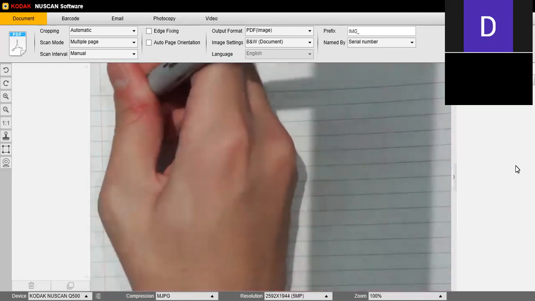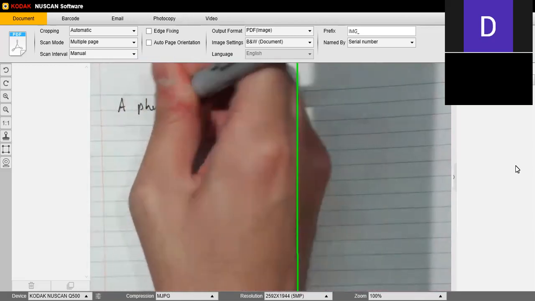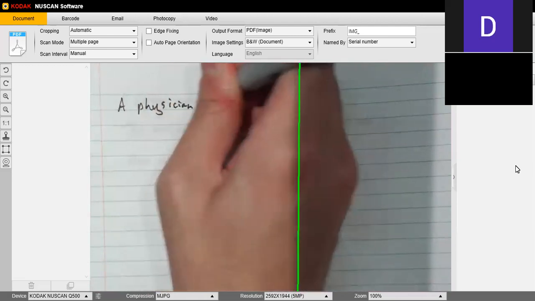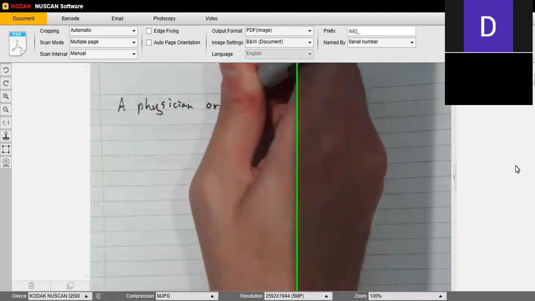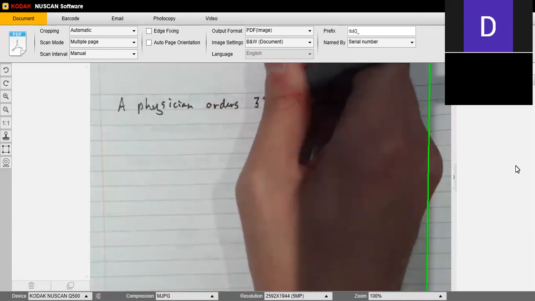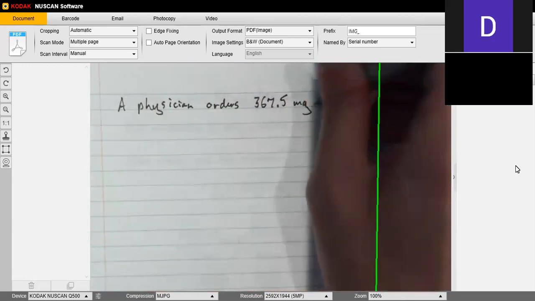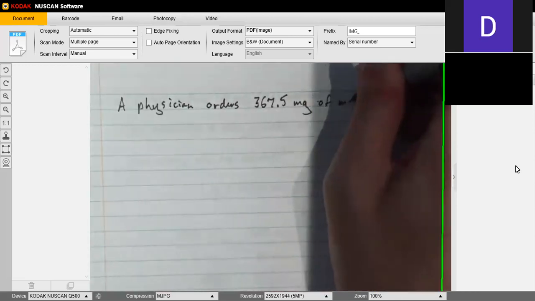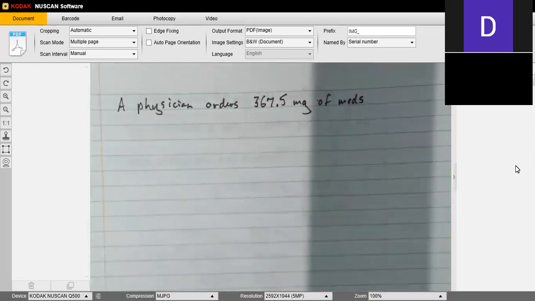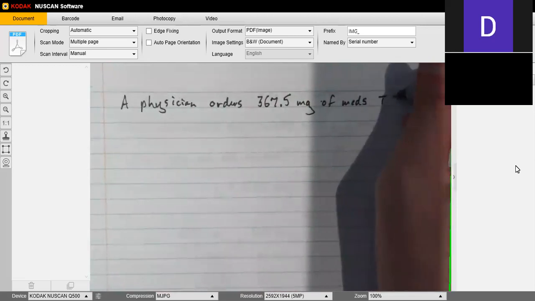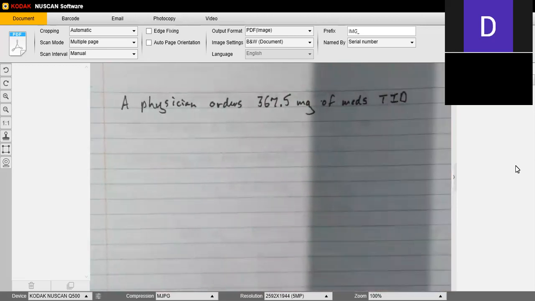We have a physician who orders 367.5 milligrams of medication, and he's ordering TID.